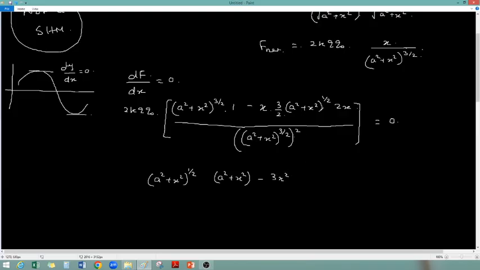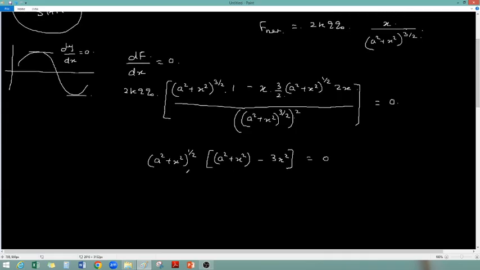So a squared plus x squared to the 1 by 2 is already taken out. What is left is this one equal to 0, because this goes to the other side as 0, and this goes to the other side as 0. So what is left is only the numerator I'm dealing with. So I'm just going to deal only with this one.